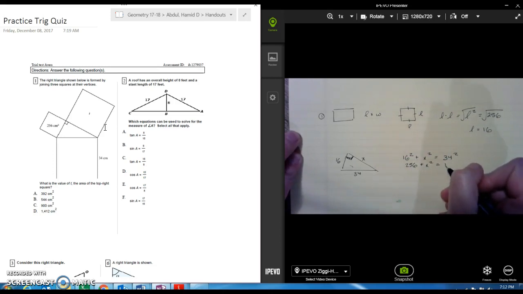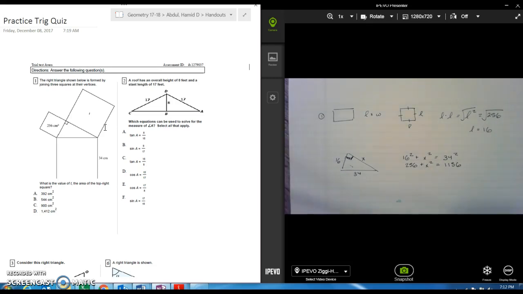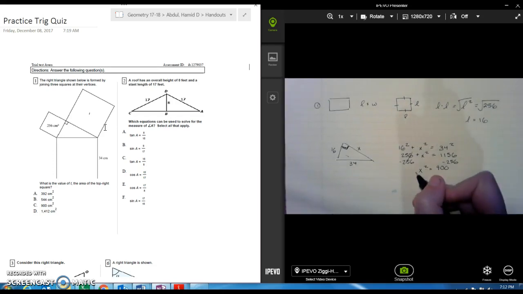And this is going to be 1,156 when you square 34. So I'm going to subtract 256 from both sides. We get x squared is equal to 900. Square root would give me the side length. We'd find out that that was 30.